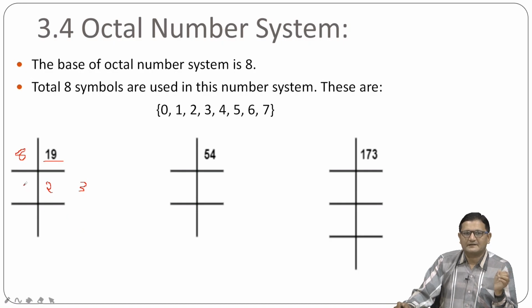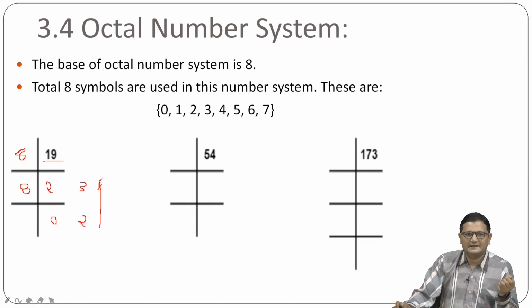Then again I will divide this 2 by 8. We cannot divide 2 by 8 because 2 is already smaller than 8. So here 8 zeros are 0, and 2 remains. That 2 you write down here, so the remainder is 2. You write the remainders in this way, and it makes 23.